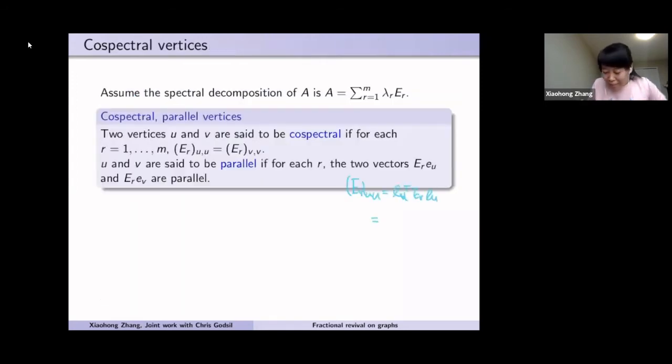So recall that the projection matrices are idempotent and they are orthogonal. So we in fact can write this. This is just in fact the inner product of two vectors. So it is in fact the norm of the u-th column squared. Similarly for the v-th column.